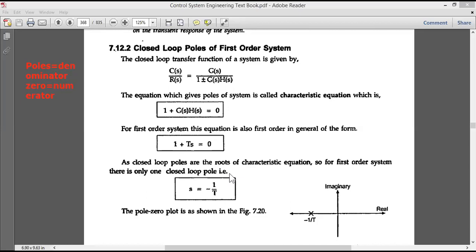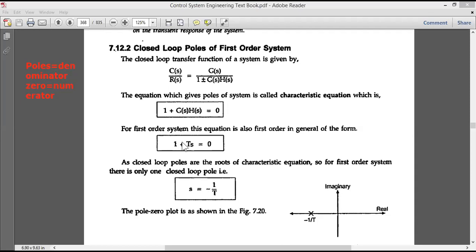If anyone asks you how many poles are there in a first order system, the number of poles will always be only one, and it will lie on the left hand side of the S plane.